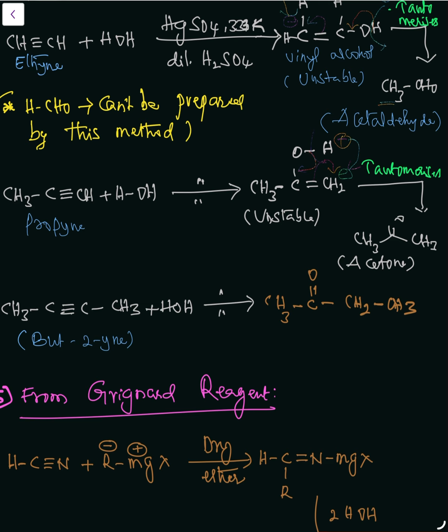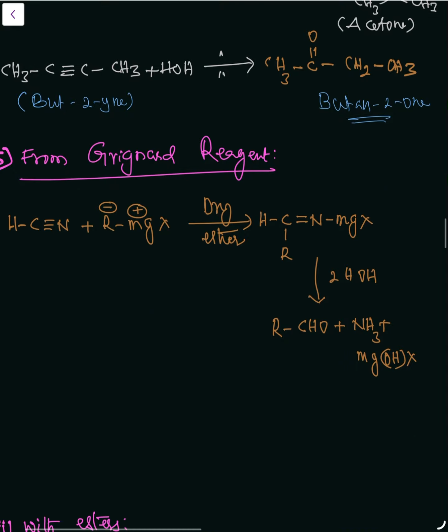So this is the compound. This is butan-2-one. Ketones are the products.